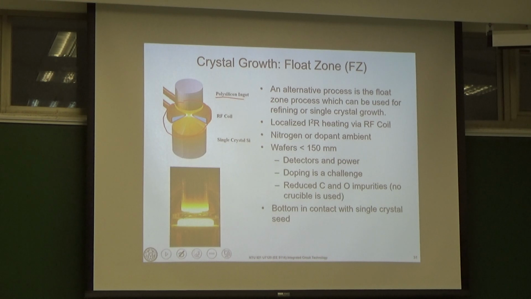Then we use a certain property. This property is that those defects tend to reside in the liquid form of silicon rather than in the solid. This different concentration in the liquid or in the solid, we call segregation.